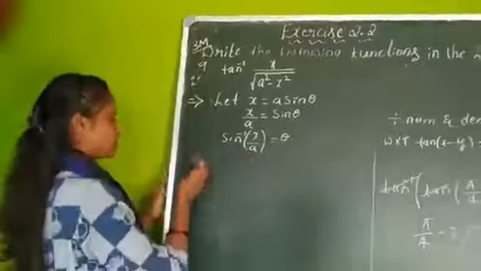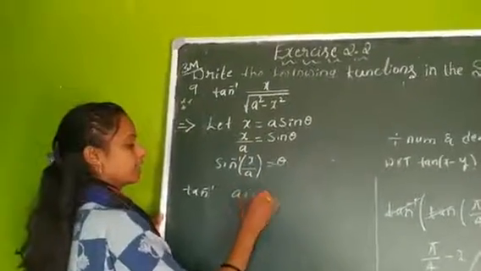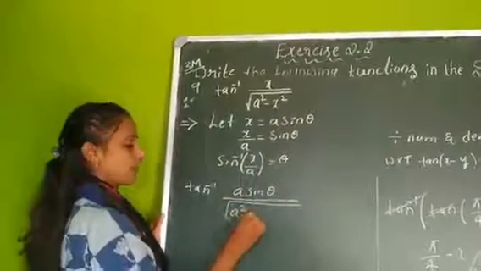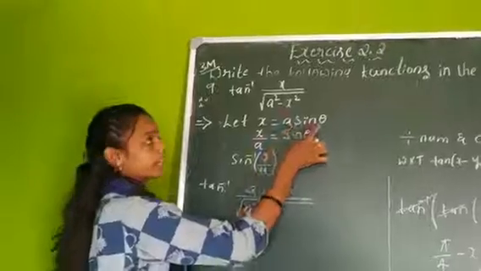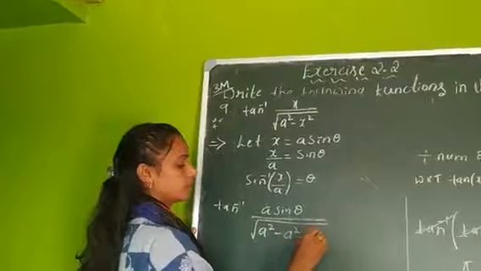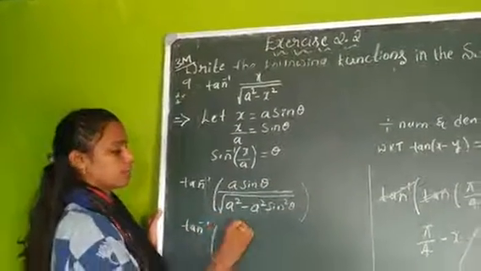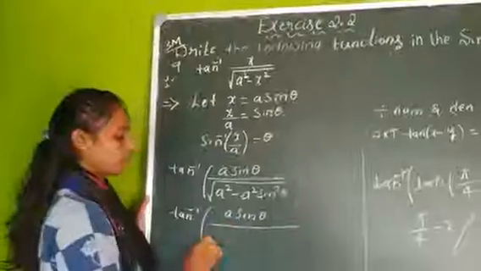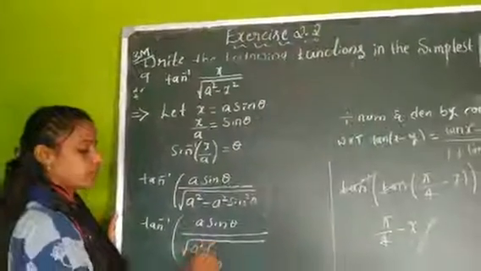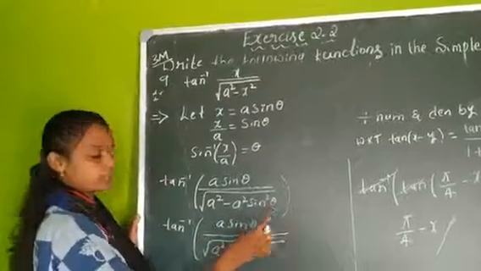Now you just consider the function, that is tan inverse of x, which is a sine theta, divided by square root of a square minus x square, where x square is nothing but a square sine square theta. Now in both the terms a square is common, therefore I'll take a square common, remaining is 1 minus sine square theta.